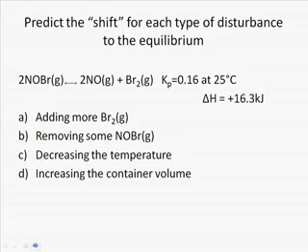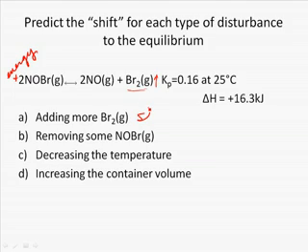Alright, so let's look at a specific example here. Here we have this reaction, and it is endothermic. So we have our energy on our reactant side. Here we have adding more of the bromine. Bromine is over here on the product. If I increase the amount of my bromine, it's going to shift towards making more reactants.